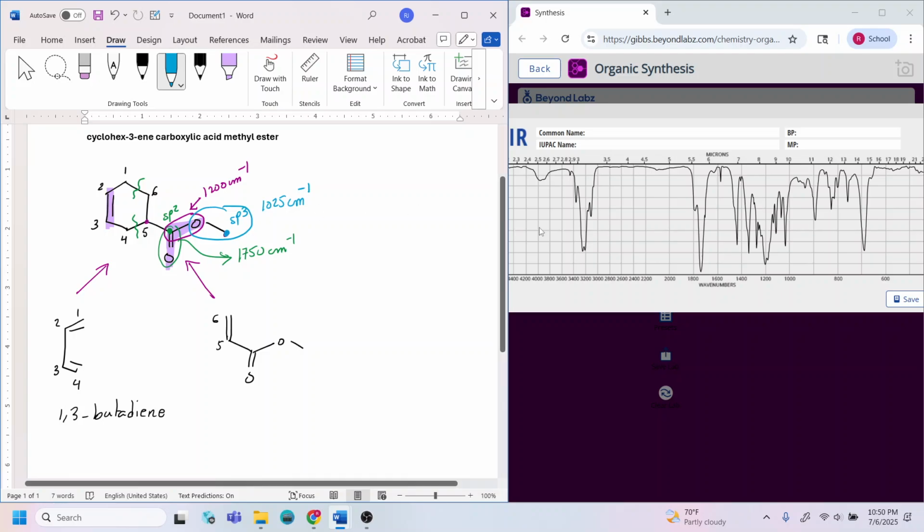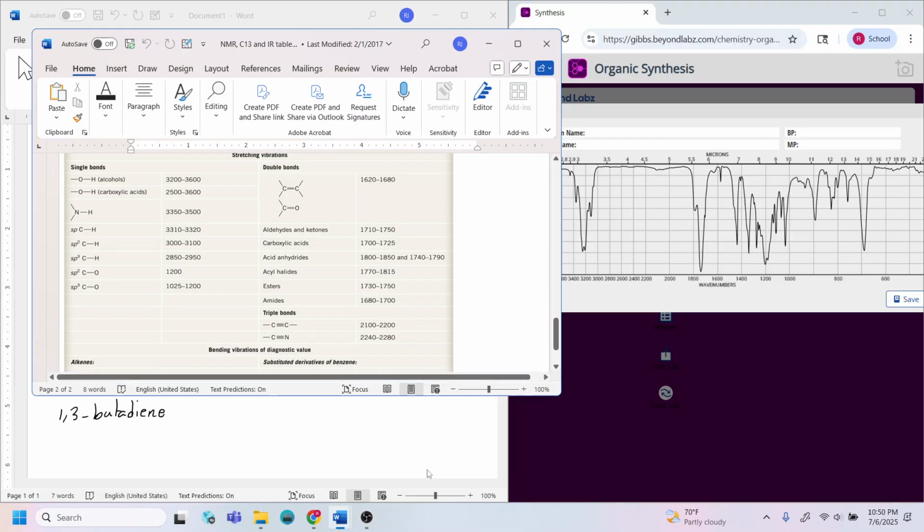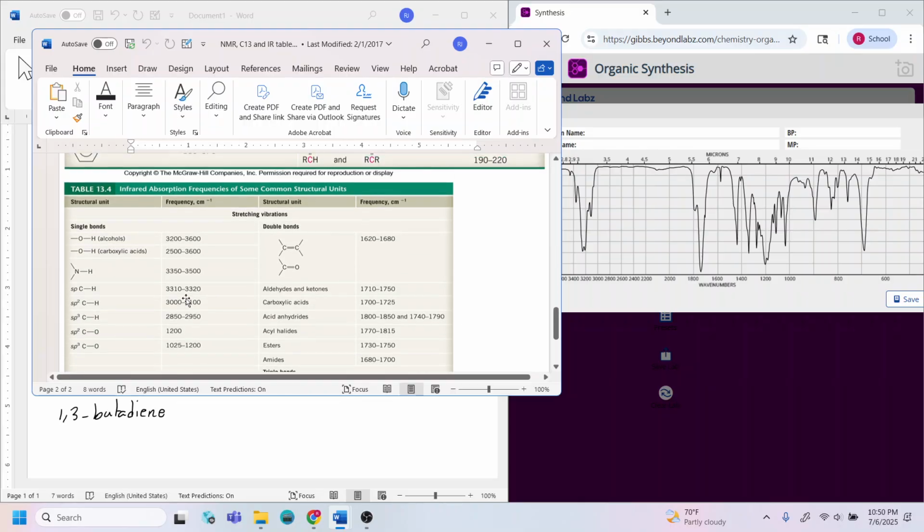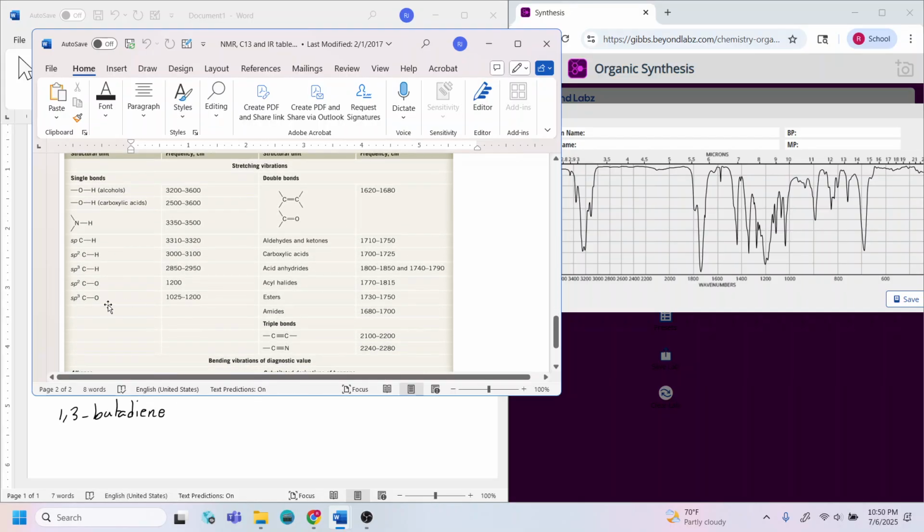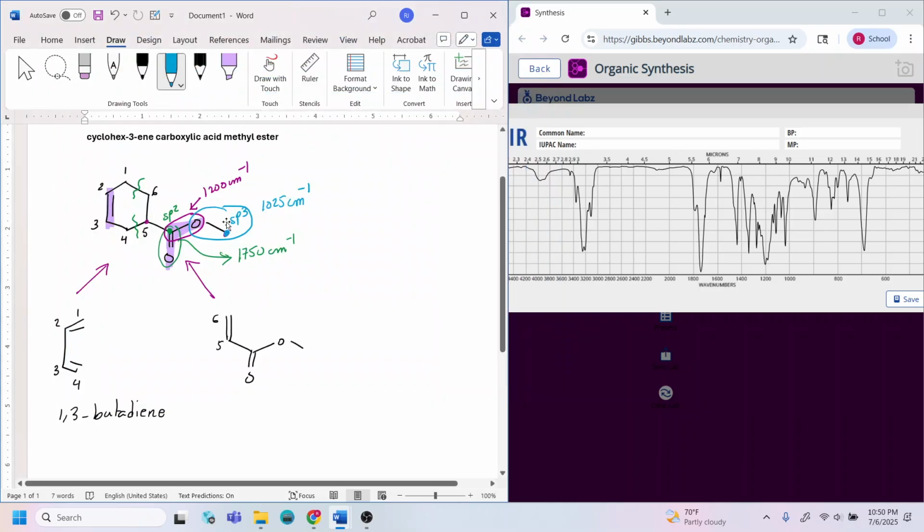This is position 3, and it should show at 1025 cm⁻¹. Guys, this is the IR table that I posted. So use that because you do have the sp2 C-O stretch, the sp3 C-O stretch, and this is from where I'm getting my numbers in there. Okay, so that is going to be my position number 3.